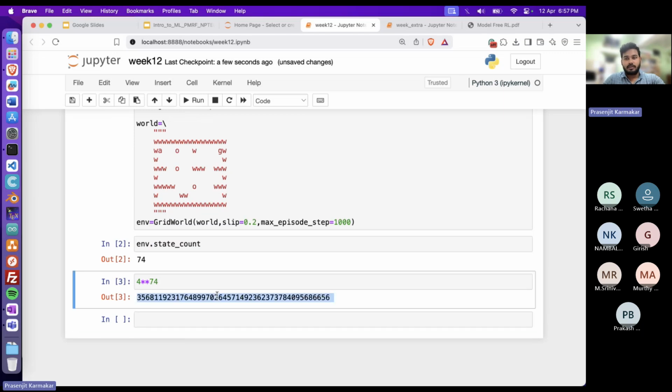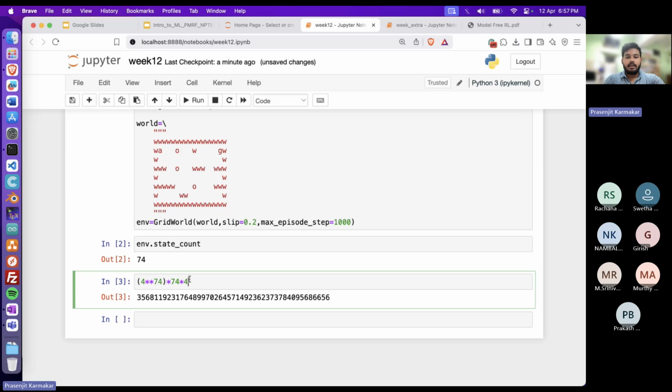See, it's not possible to store in memory. Why? Let's compute how many GB it will require. Every policy would have an array of 74 integers, so 74 times 32 bits, or let's say 4 bytes.